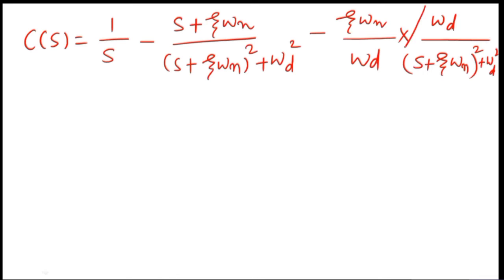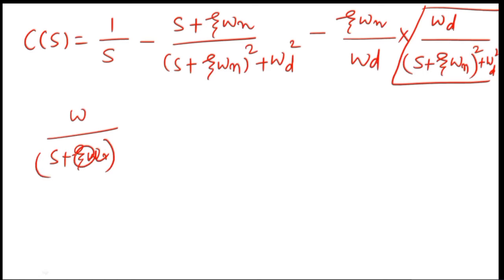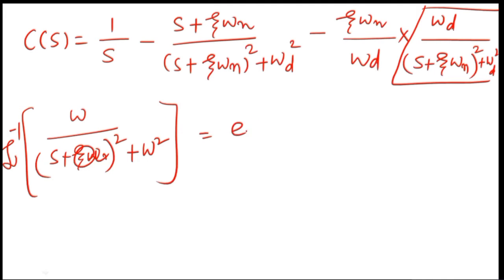This is in the form of omega by s plus a whole square plus omega square. So the inverse Laplace transform of this factor is equal to e power minus zeta omega n t sin omega d t.